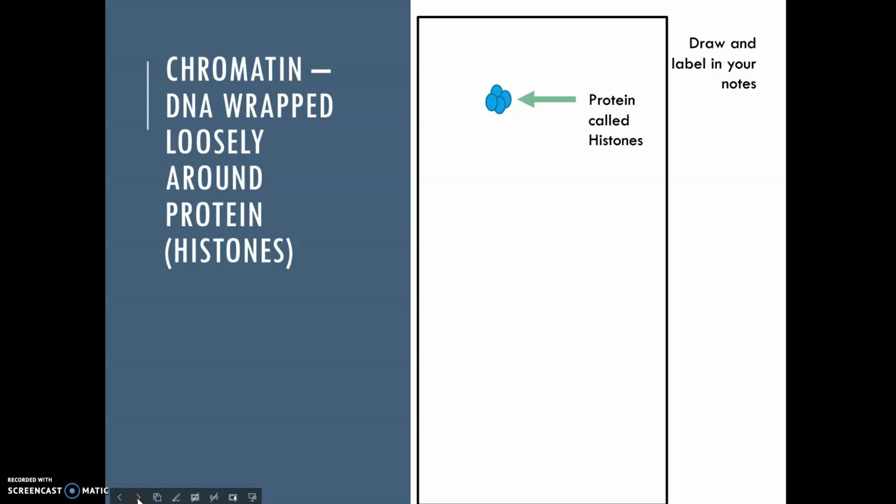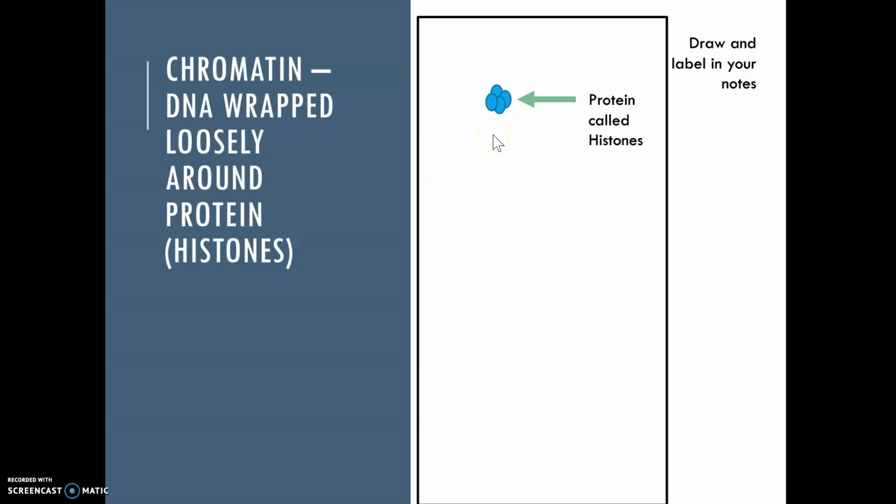All right, so your next chart that's down below, I went ahead and put the definitions on the left. On your chart, they're at the top, and you'll see where I wrote chromatin and a dash. So right next to that, you'll write DNA wrapped loosely around protein, which are called histones. And then underneath is where you're going to draw this.